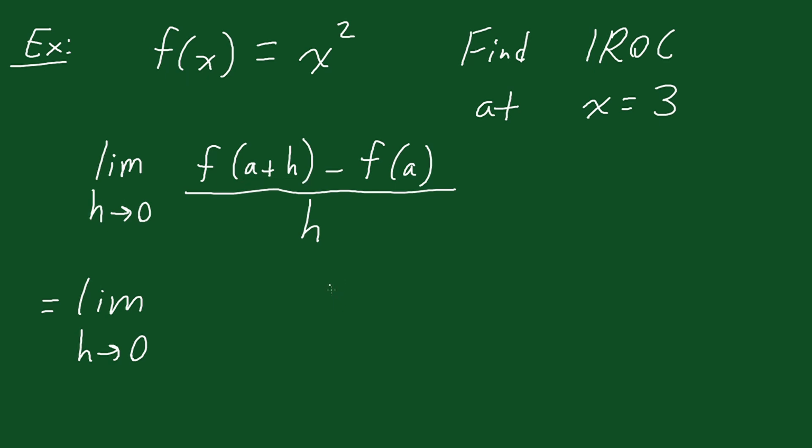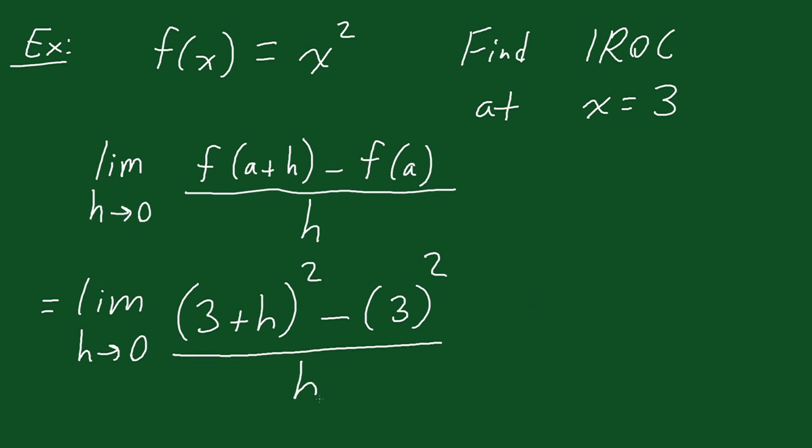So I'm going to say 3 plus h, squared. And I'm going to subtract f of a. Again, the function is x squared, but I'm going to plug in the 3 because 3 is what our a is. So it's going to be 3 squared. And this is all divided by h.